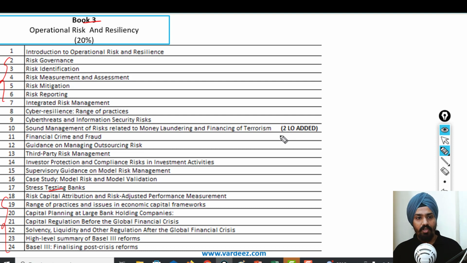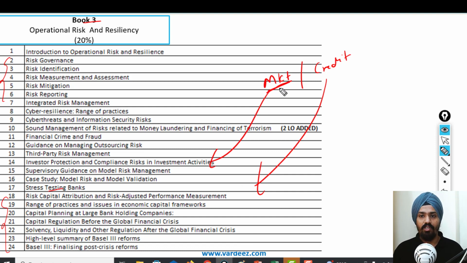And operational risk, obviously, if you are done with market risk and credit risk, those concepts will show up here as well. So you should know the market risk and credit risk concepts, as they are going to be shown here too. So it makes utmost sense to go through those first and then come back to operational risk.